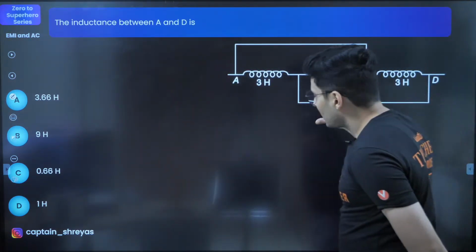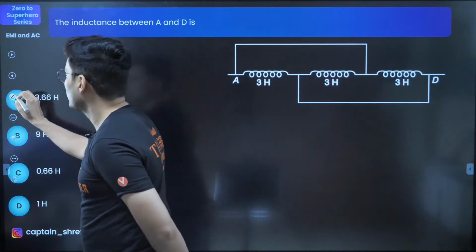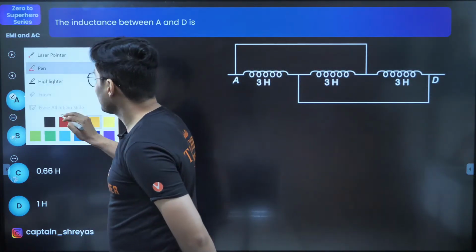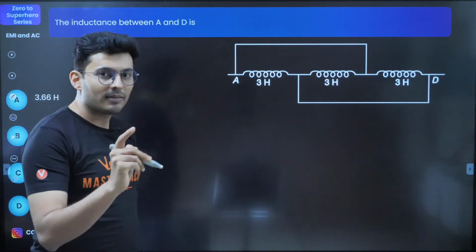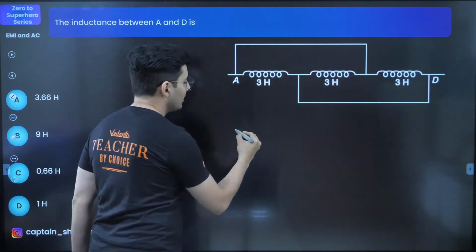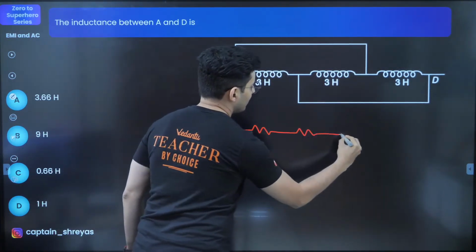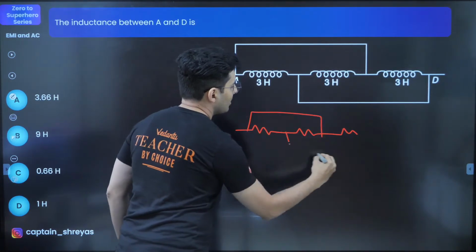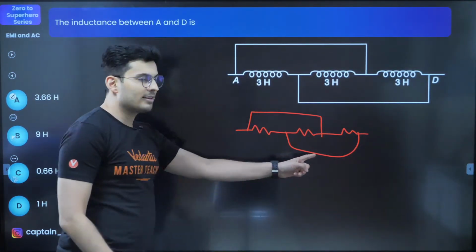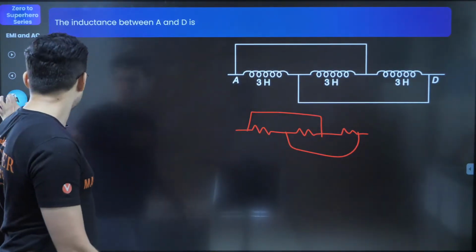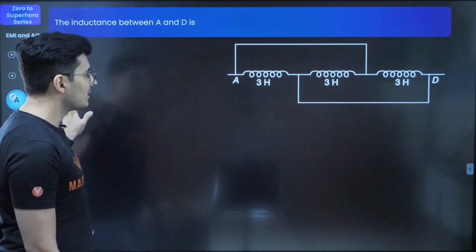Inductance. This circuit is very much similar to a resistive circuit which you would have solved back in current electricity, like this, like this, like this. And you remember that these three resistors were actually in parallel. Same logic is also used here.